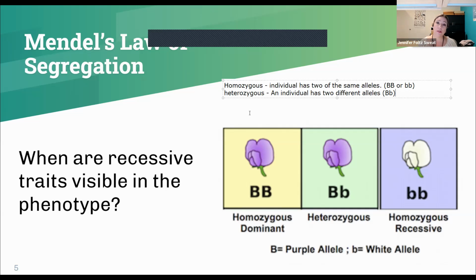So an individual is homozygous dominant, heterozygous, or homozygous recessive. So homozygous or heterozygous refers to genotype, whereas purple and white refer to phenotype or physical appearance.